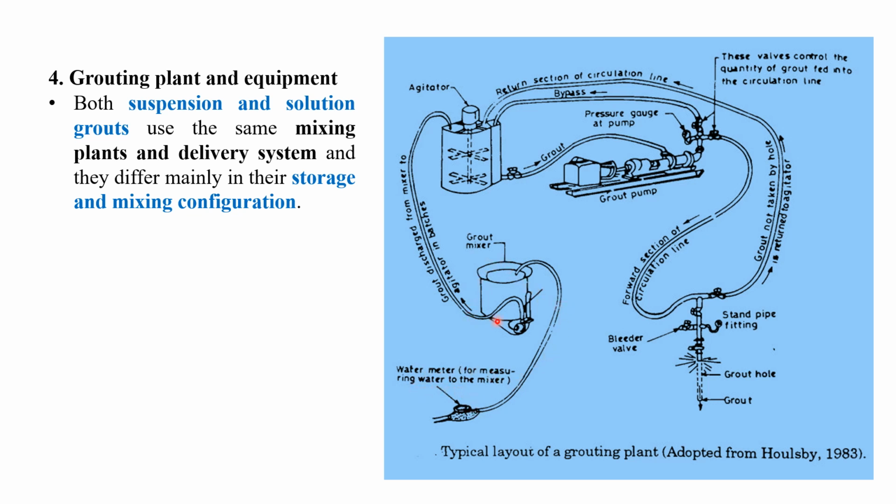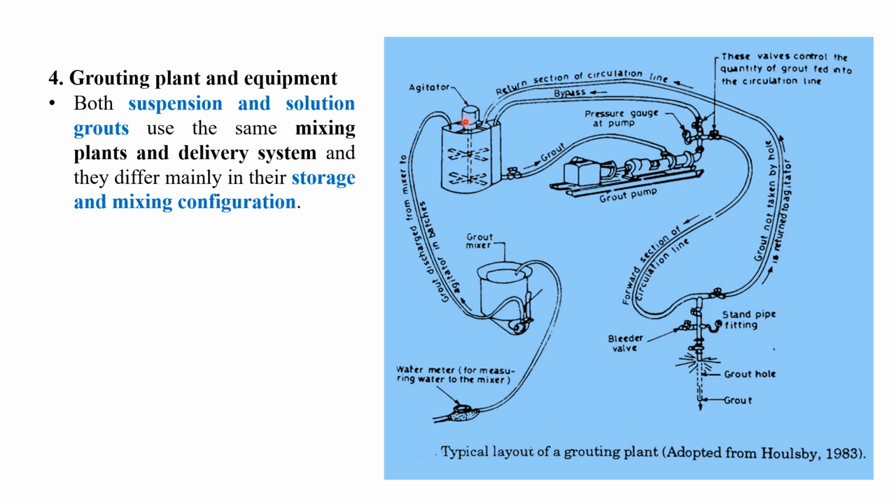This is the grout mixer, and the water comes into this tank, and from here it goes to the agitator in batches, as grout discharged from the mixer to the agitator. You can see the agitator here. From the agitator, different pipelines are there, which we shall discuss in detail in the next slides also.